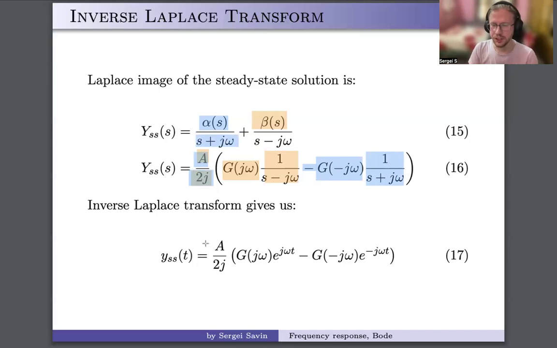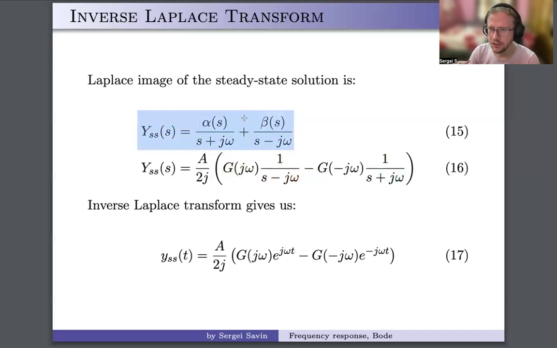We can just expand this into 16. So 16 is simply this equation. We substitute alpha and beta, and put this guy out of the brackets. That is all that we've done.